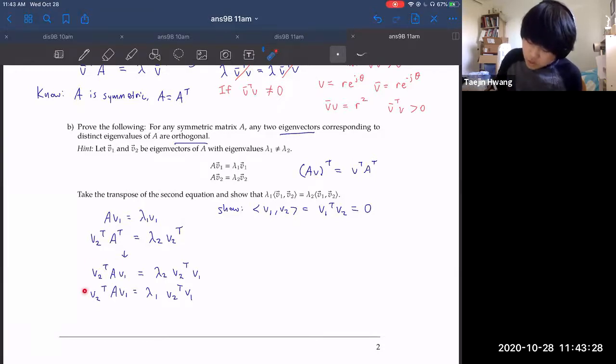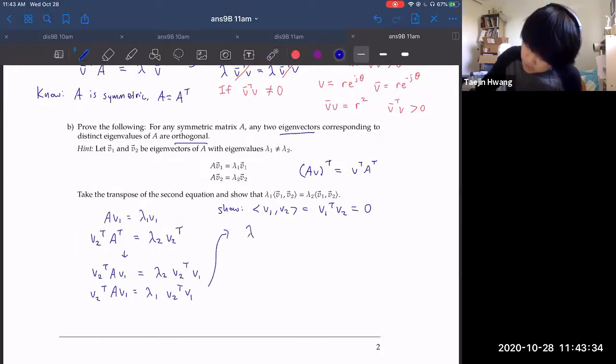And these two quantities are equal, meaning we can say that lambda 2 V2 transpose V1 is equal to lambda 1 V2 transpose V1.